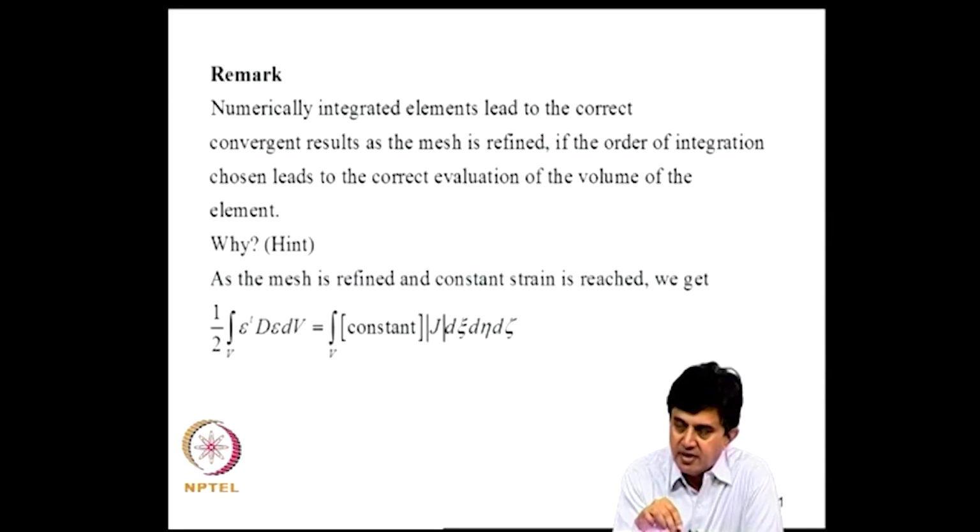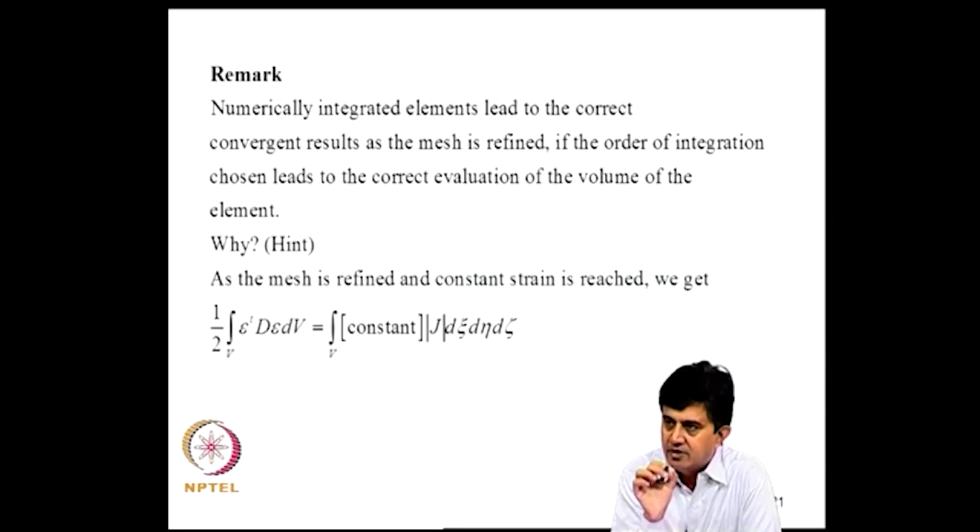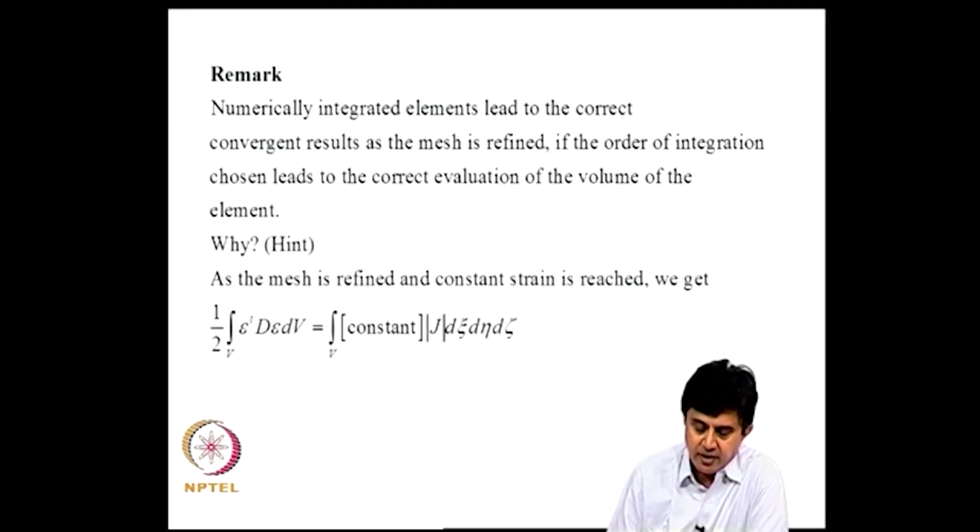The question we are asking is, suppose you have evaluated stiffness matrix using Gauss quadrature, and we have seen that the Gauss quadrature would not integrate the elements of Ke exactly, because there will be ratios of polynomials in the integrand. So, the question is, if we are using such elements, how do we know that we are going to get the correct convergent results as mesh is refined?